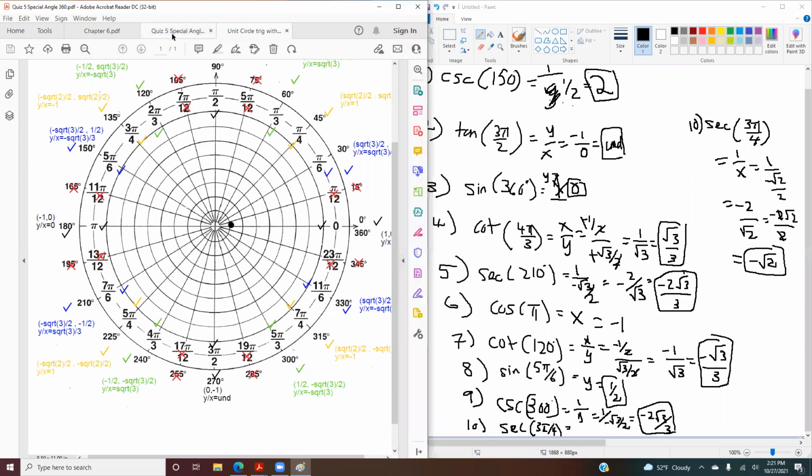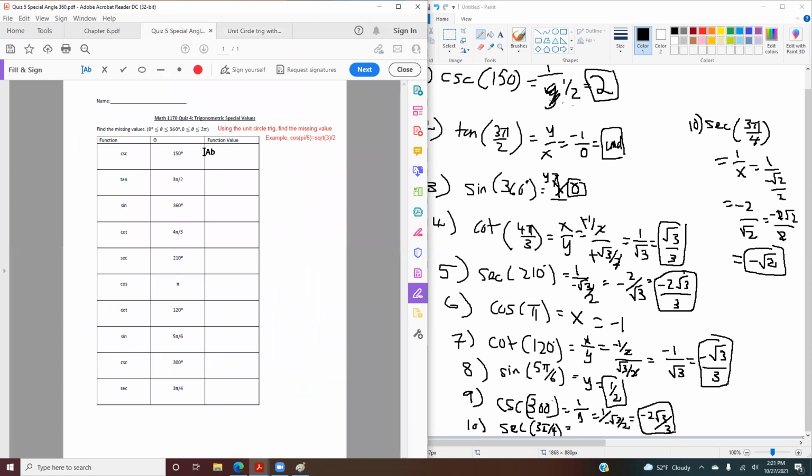Questions? Anyone have any questions? Okay. Now, what we're doing here is I give you the angles. They can be in degrees or radians, and I want you to figure out the function value.